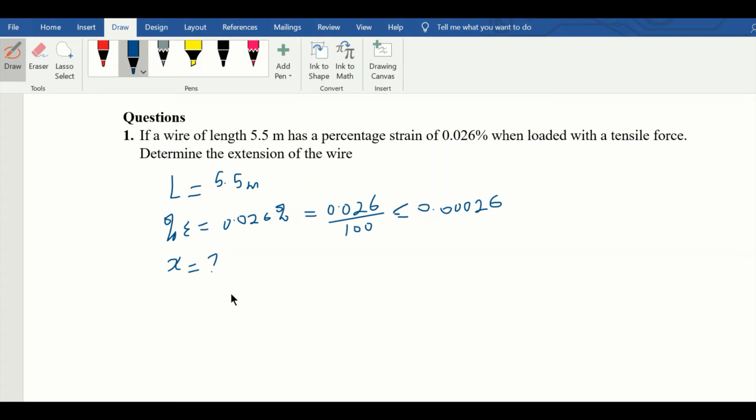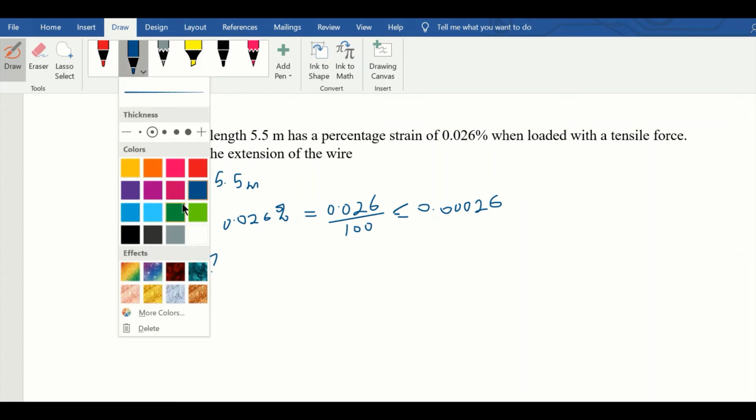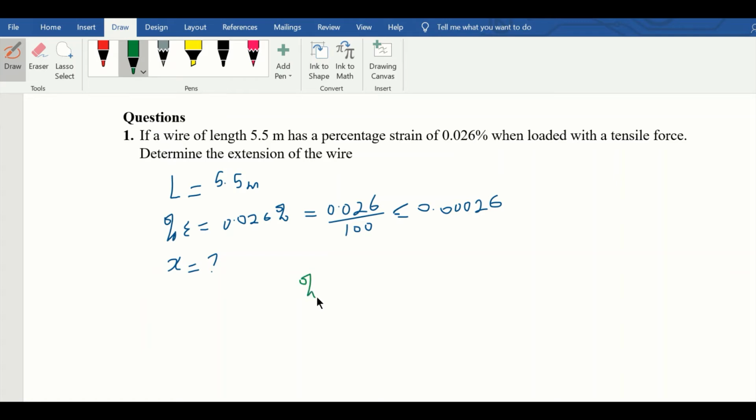I know that my strain is equal to the extension, or the change in length, over the original length. So I will cross multiply. I have my x, or my extension, equal to strain times my original length.